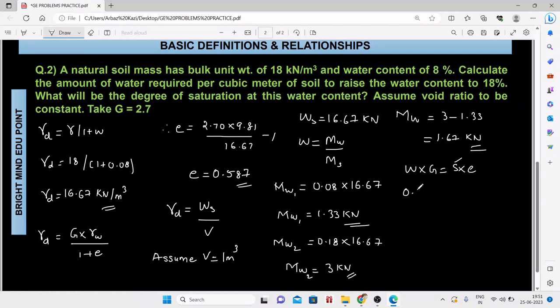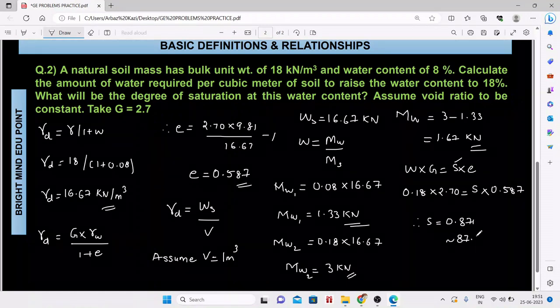Water content is 18%, specific gravity is 2.7, S is to be found out, and since void ratio is going to be constant, we'll take the value of that as 0.587, that has been already found out. On solving, we'll get the value of S as 0.871 or 87.1%.